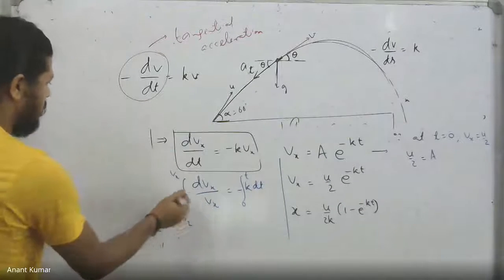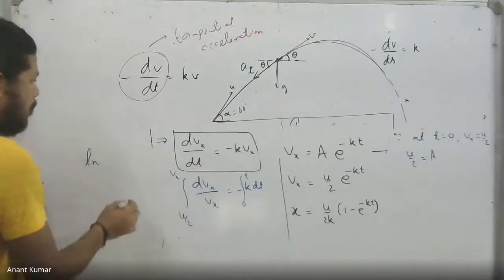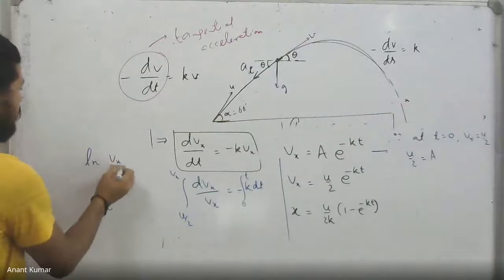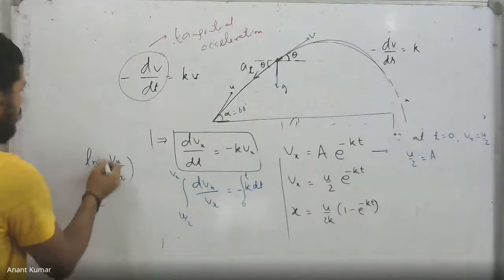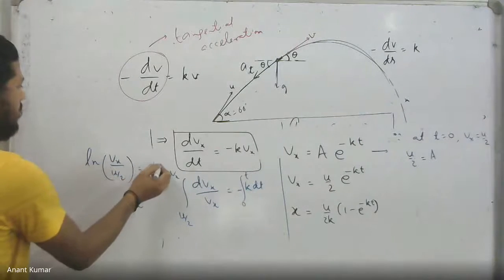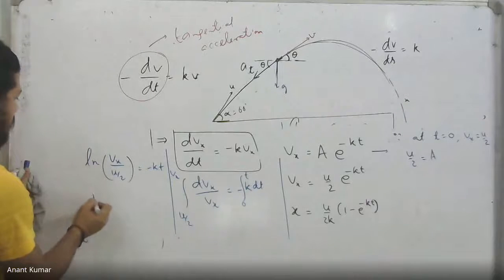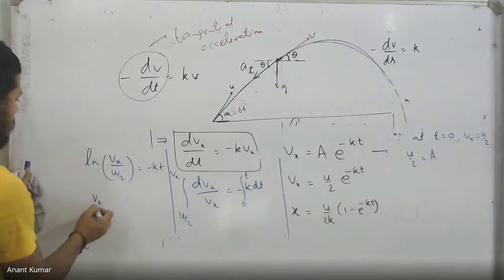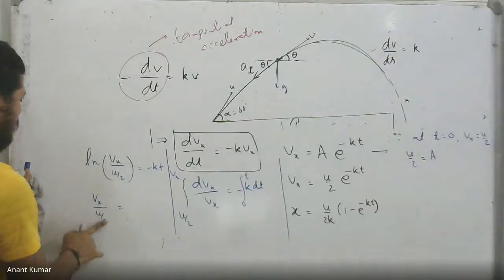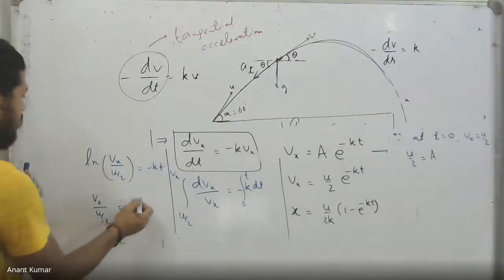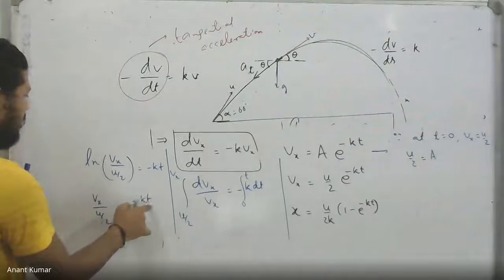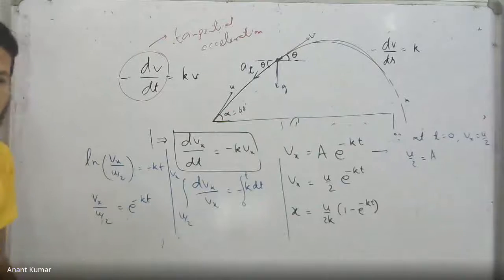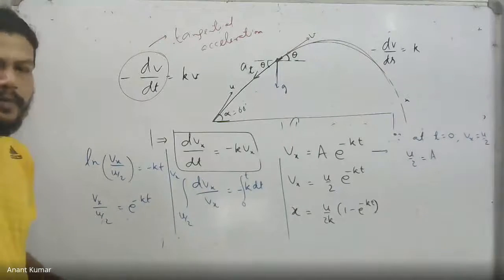This will give us log of Vx upon u by 2, after plugging the limits. This must be minus kt, and therefore Vx by u upon 2 turns out to be e raised to the power minus kt, and that is why we get Vx equal to u by 2 into e power minus kt.